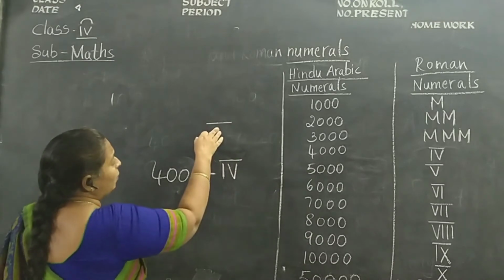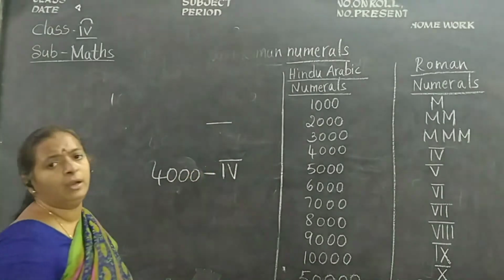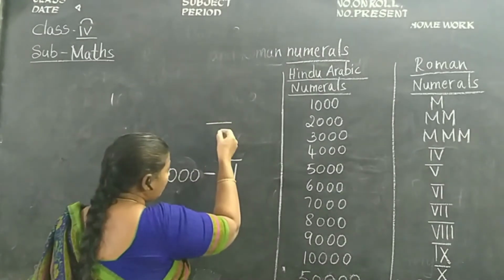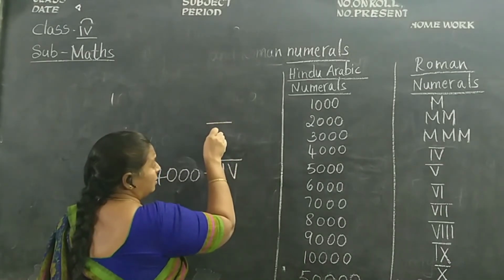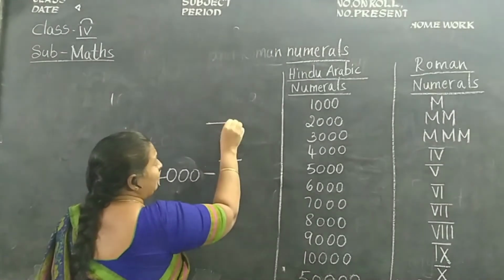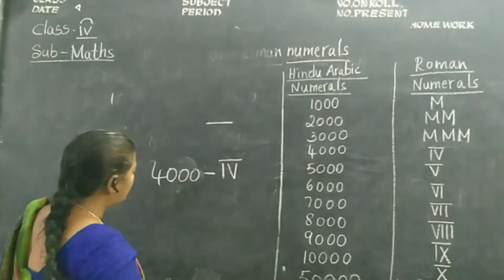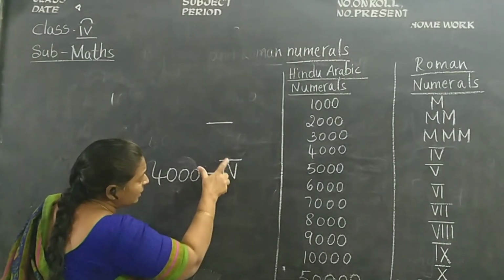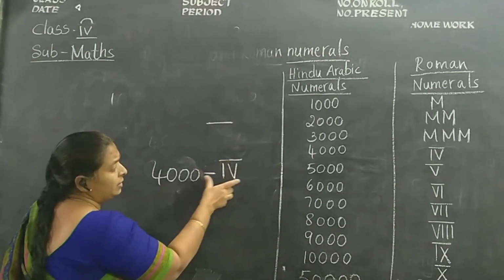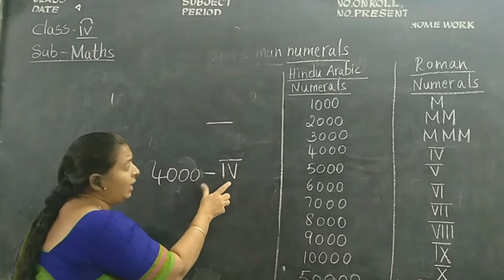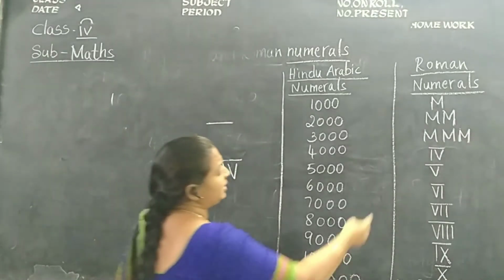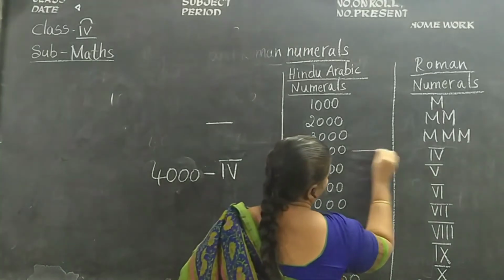See, sleeping line is equivalent to 1000. Over any symbol, if we have this sleeping line, it is equivalent to 1000. So 4000 is Roman numeral 4 with a sleeping line. You can see this one.